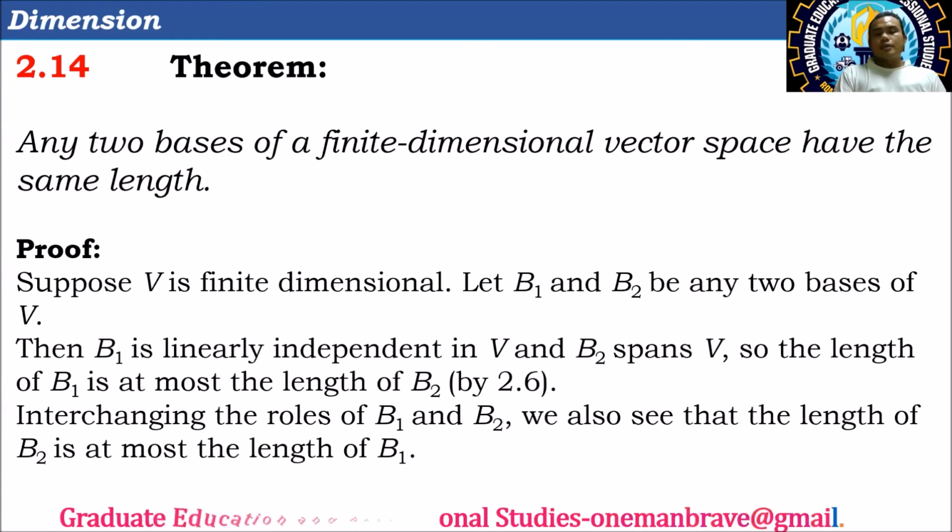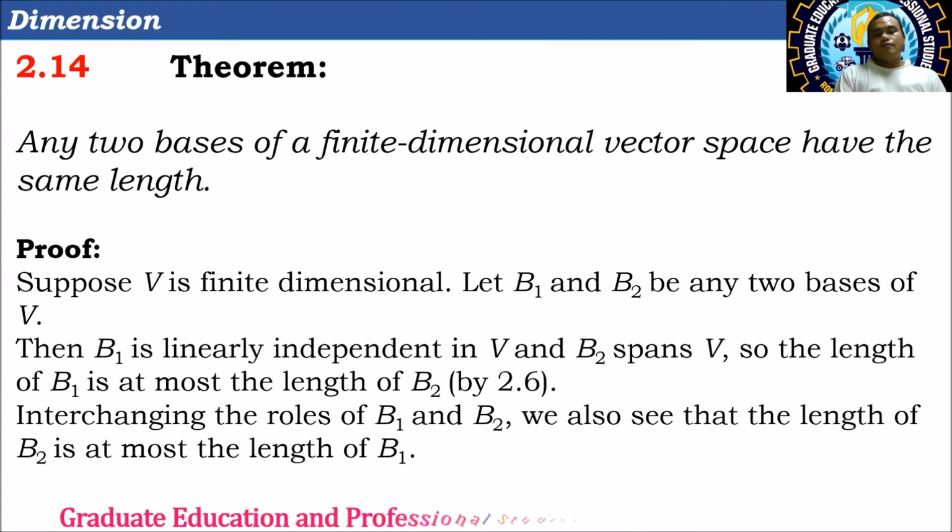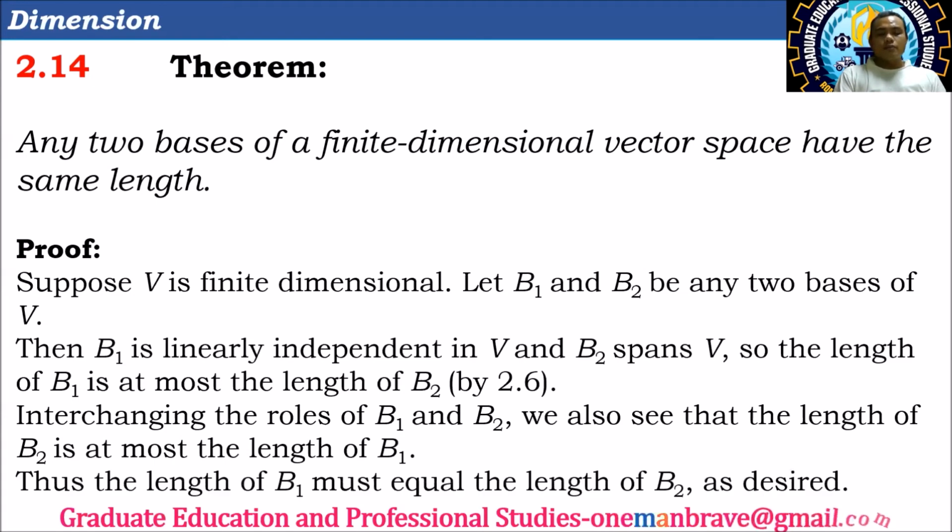Interchanging the roles of B sub 1 and B sub 2, we also see the length of B sub 2 is at most the length of B sub 1. Thus, the length of B sub 1 is equal to the length of B sub 2, as we desired to prove.